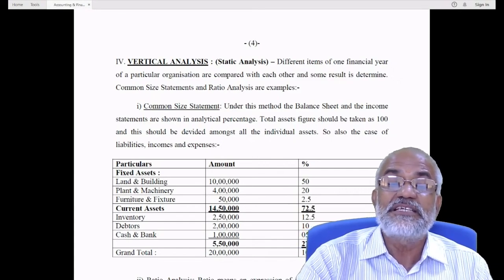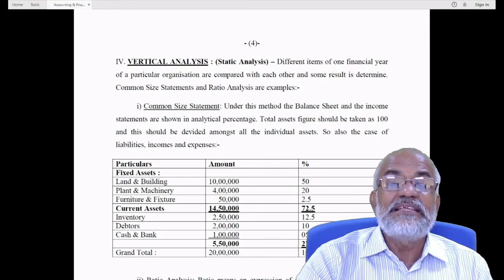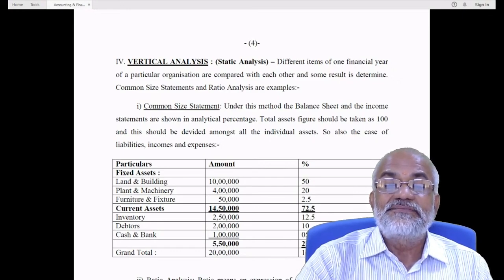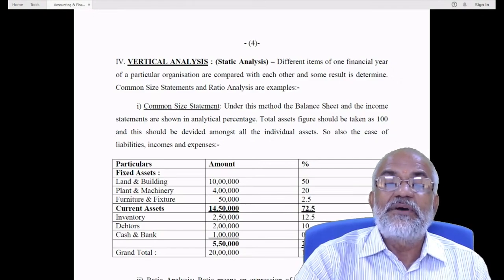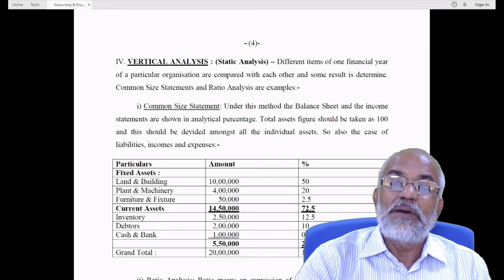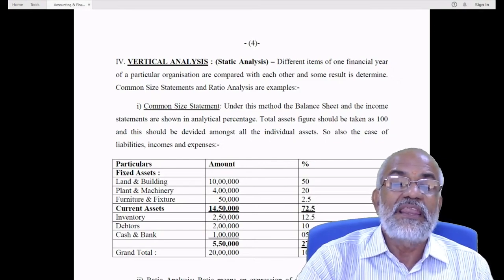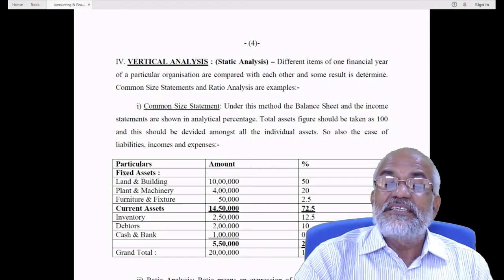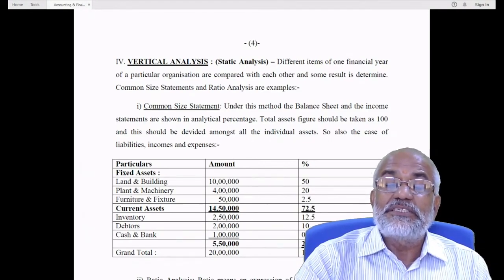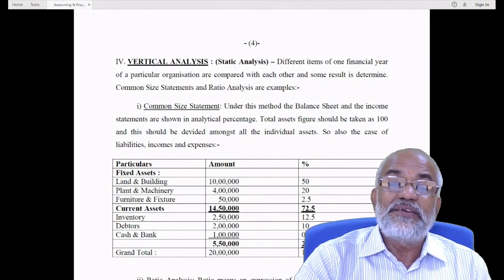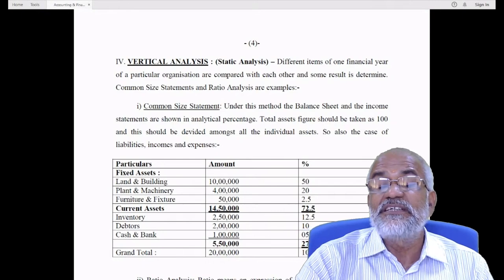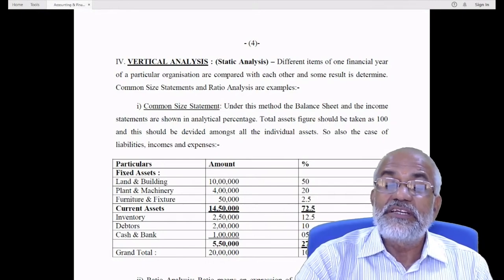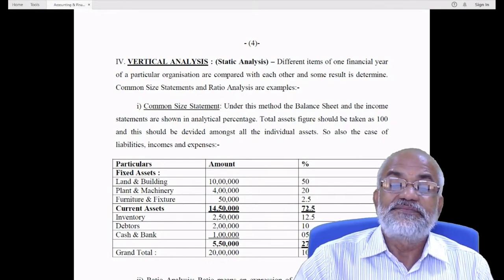And cash and bank balance is only 1 lakh, so that is about 5% of the total assets. So the summation of current assets in the form of percentage is coming to be 27.5%, and the same for the fixed assets is coming 72.5%. So when both are included together, it will also be 100%.